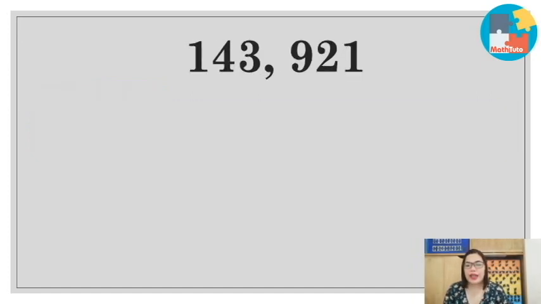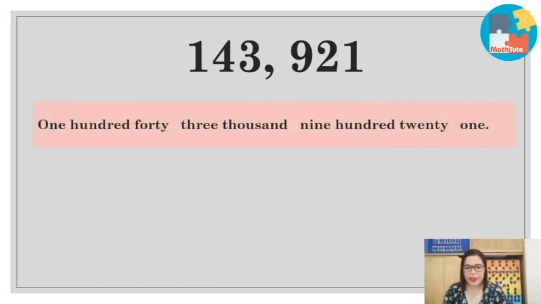Okay? So let us have 143,921. In words, we're going to write it this way. Take note that we're going to place the comma in here between the 1,000s and hundreds place. The comma goes there now.